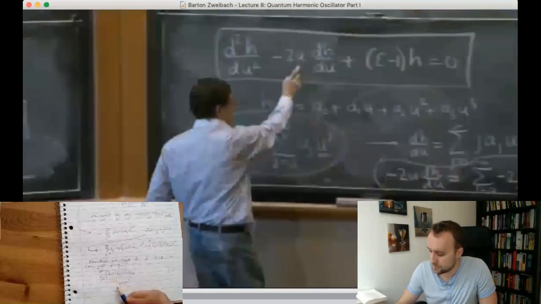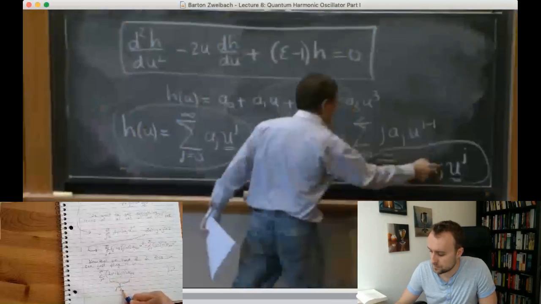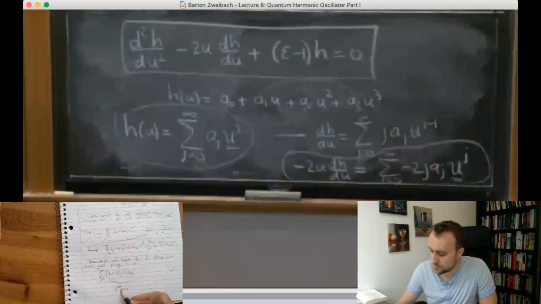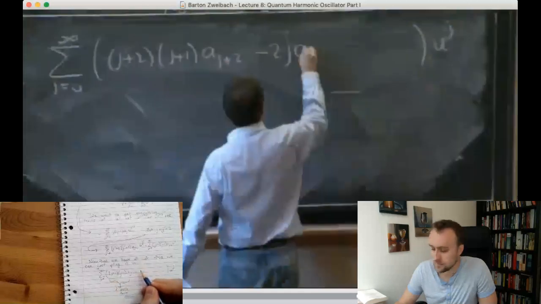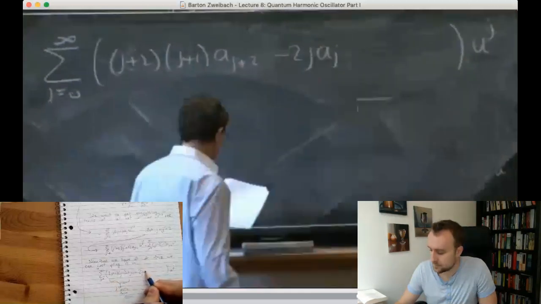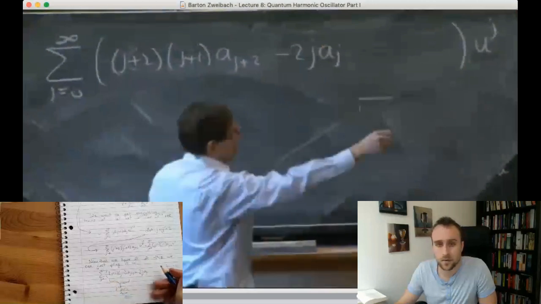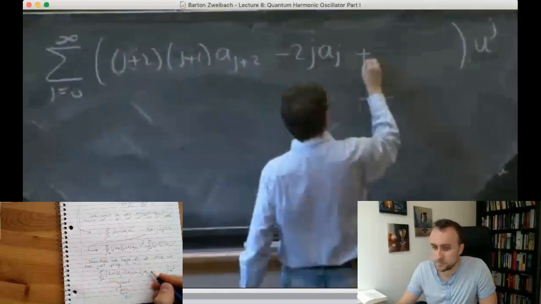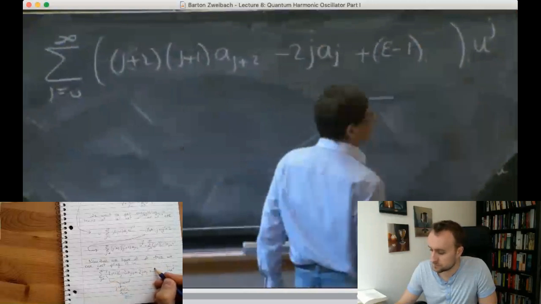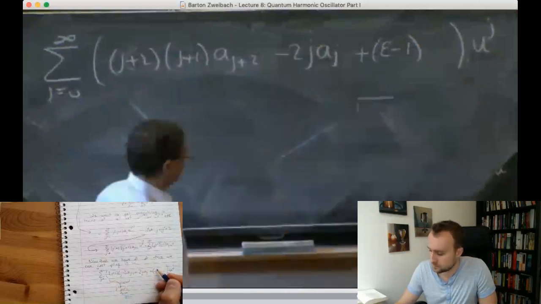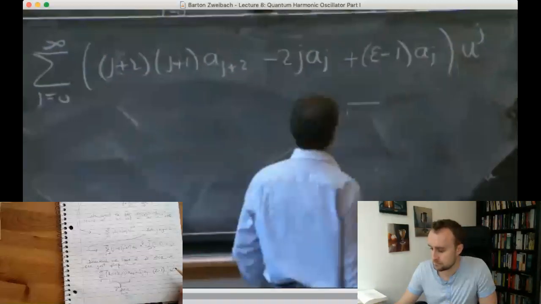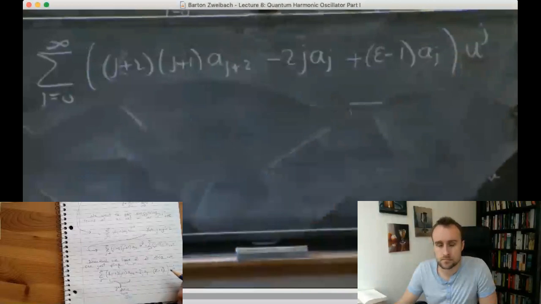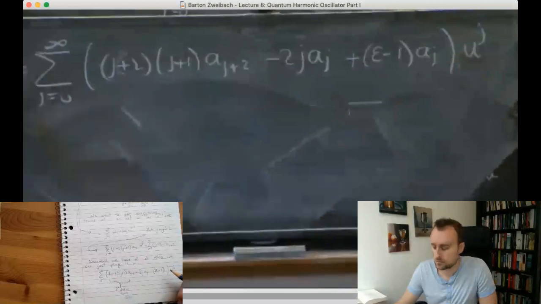Now this one is easy. Minus 2j a_j, and the U^j is there. Last term is just minus 1 times the function, this a_j as well. That's H. And look, this whole thing must be 0.